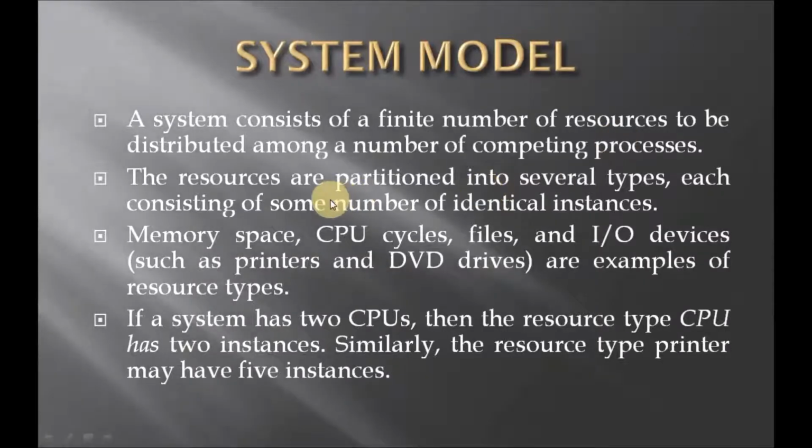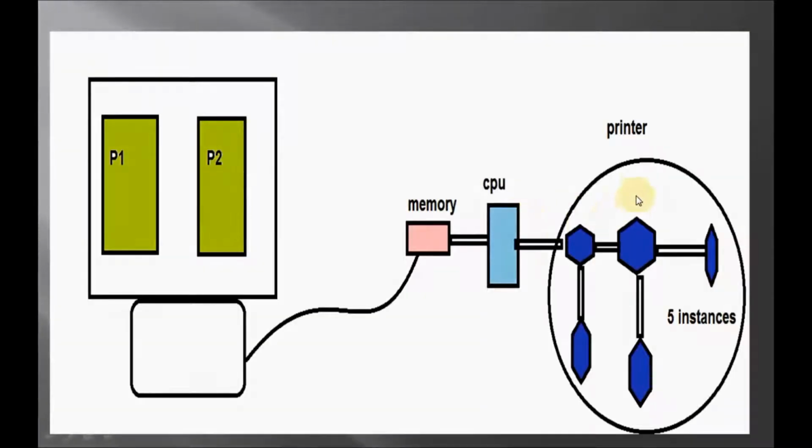Next, each type of resource can contain some identical instances. For example, here you can see a printer is a resource type. Here the printer resource type contains 5 different printers. Understanding guys? That means 5 printer instances.